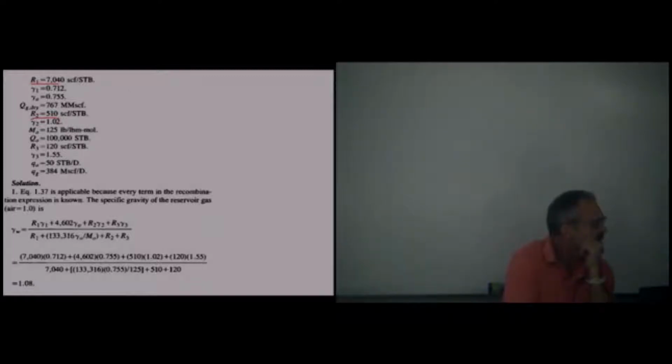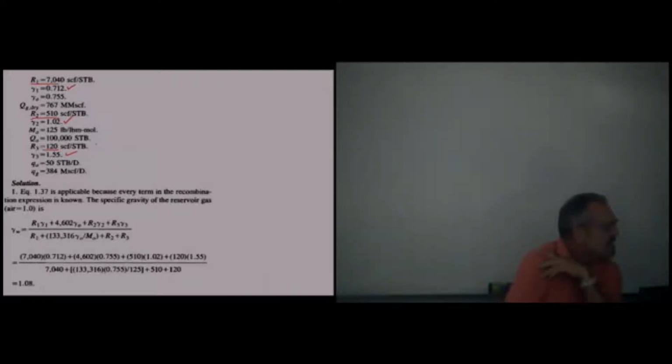Okay, R3 is 1/5 of R2. So these coefficients become smaller even though the gravities become bigger. 0.71, 1.02, 1.55. I've actually never seen a 1.55.